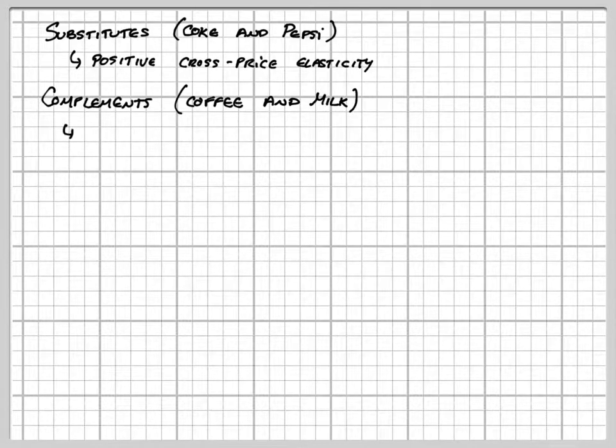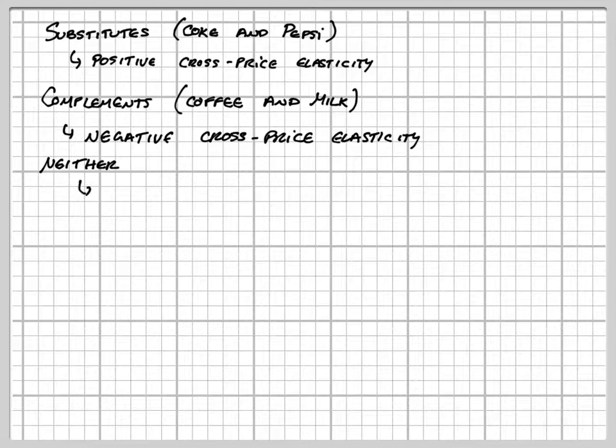So this would be a negative cross-price elasticity. If goods are neither substitutes nor complements, then the cross-price elasticity will equal 0 because the two goods are not related.